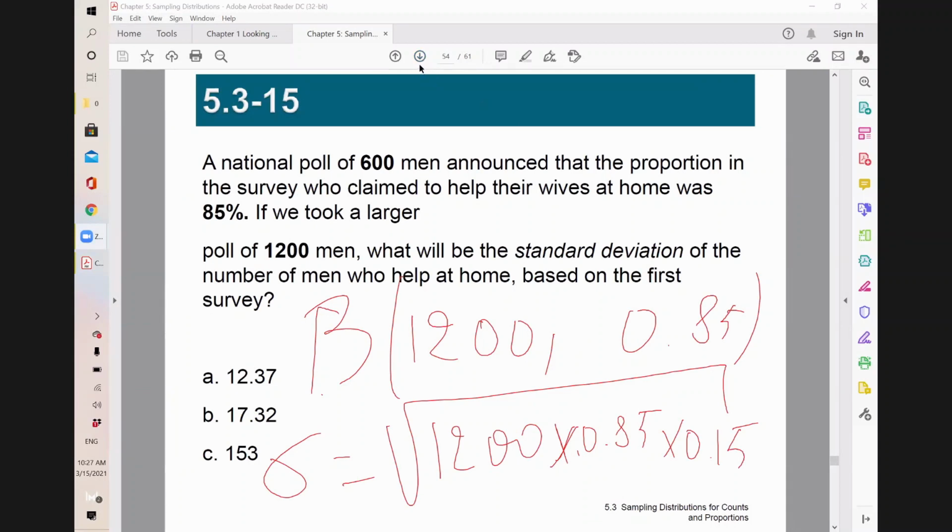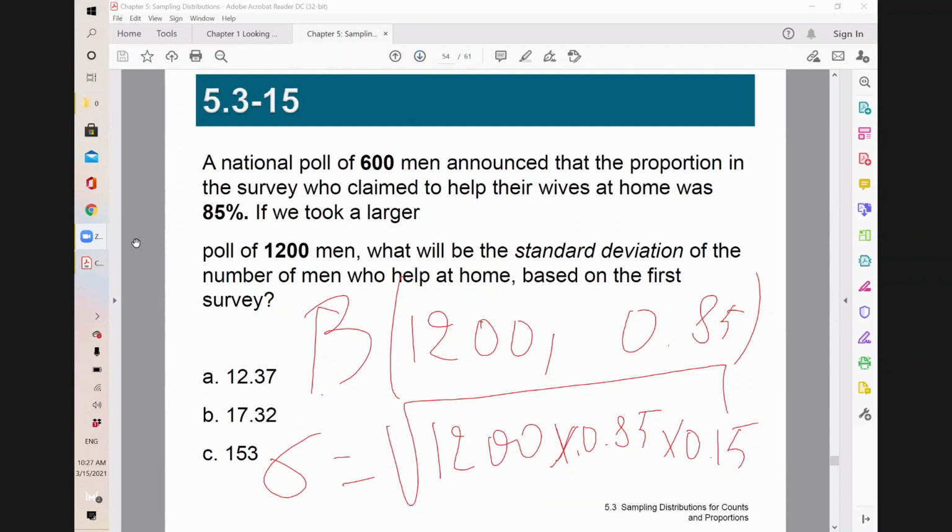Any question? Here, thanks to the first sentences, we can conclude P is equal to 0.85. And once we have N equal to 1,200, sigma is given by this expression. Remember, once we have a binomial distribution, sigma is given by this expression.